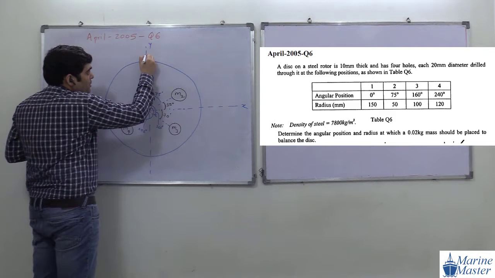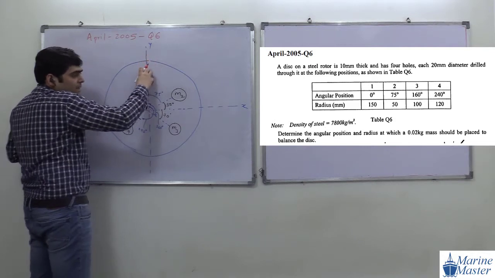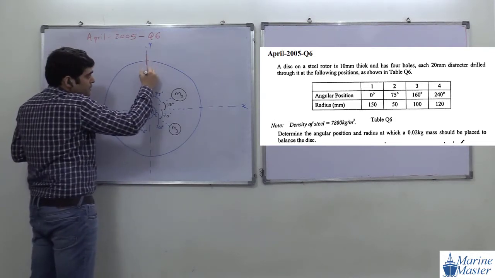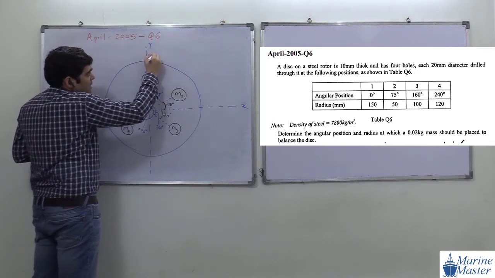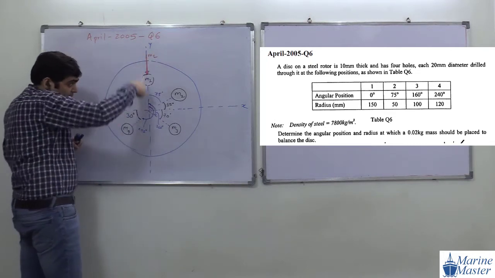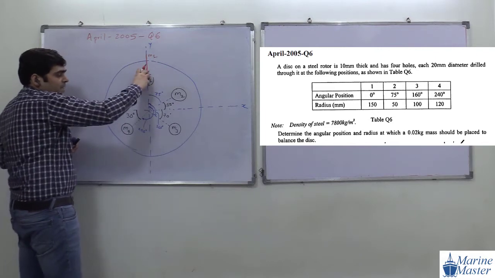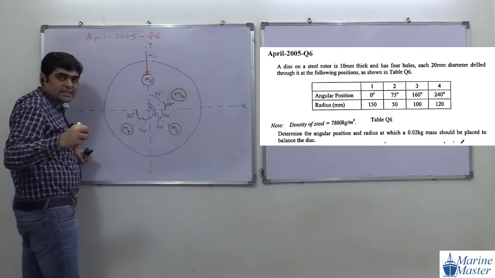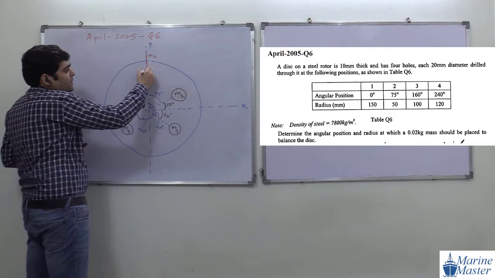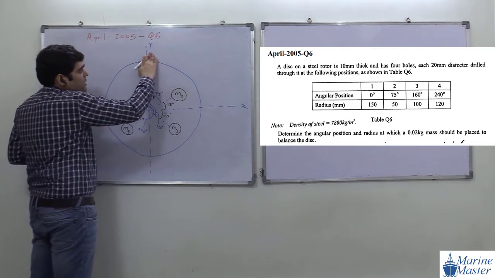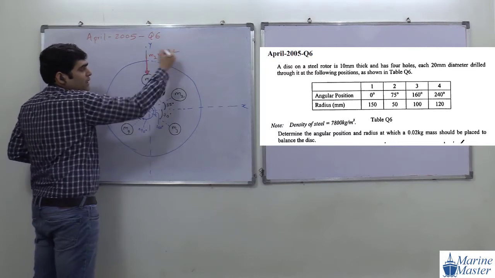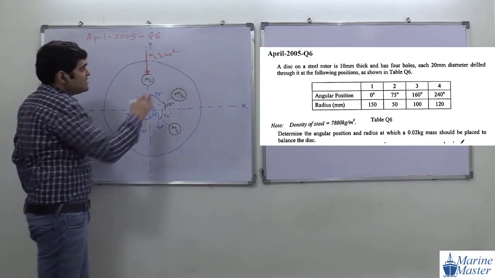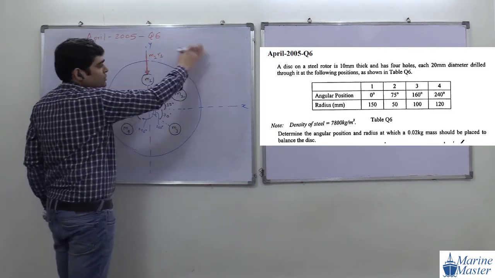Okay, so from this location, where we are making a hole, the centrifugal force will be radially inward, because from this location mass gets removed, so the extra mass will come on this side. So for making things simple, the centrifugal force will be M1 R1 omega square, but for making the calculation simple, we are omitting omega square.